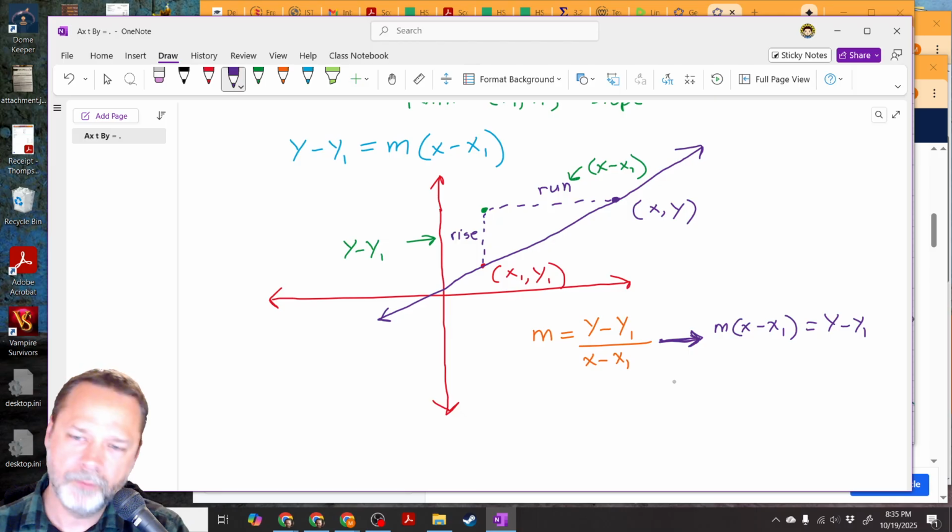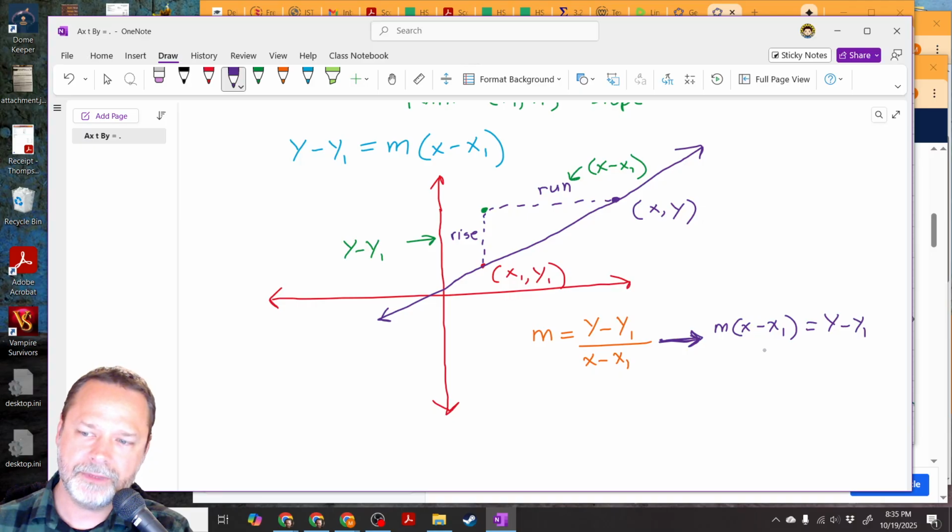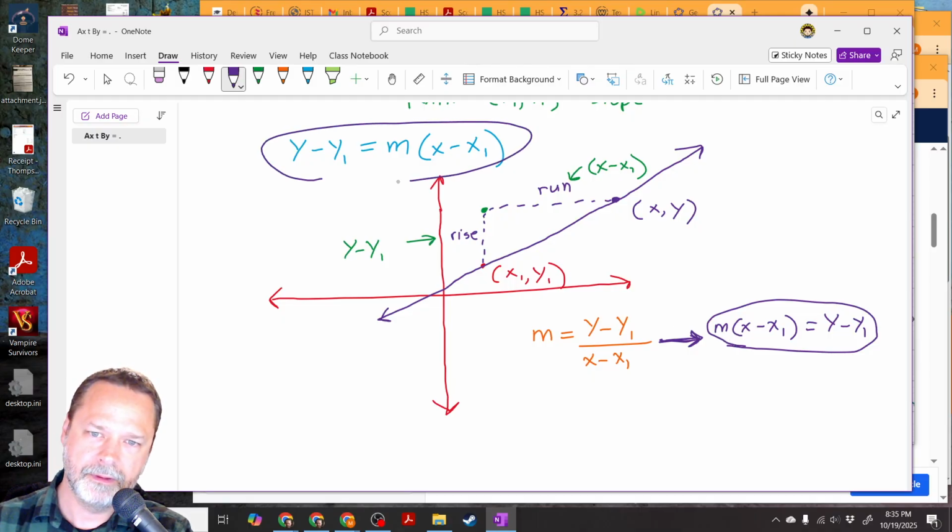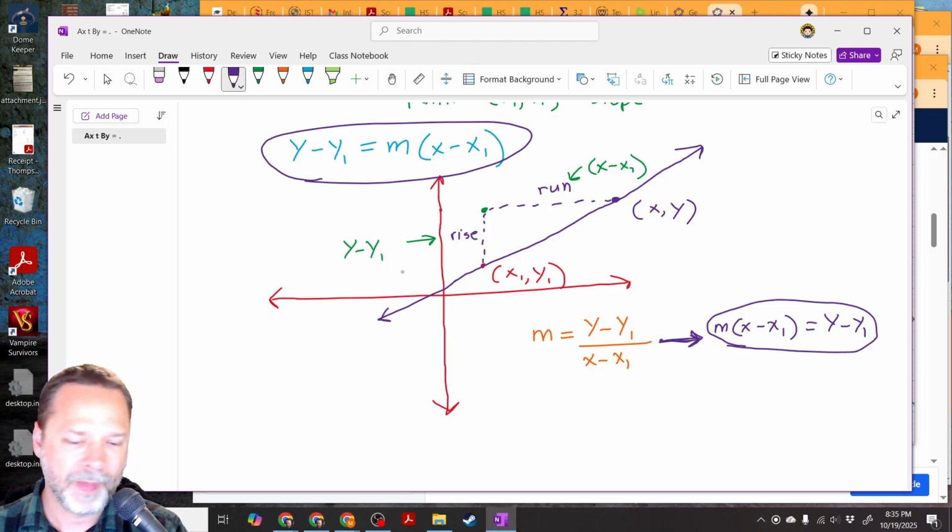So yeah, this is a more general form, you might say, of the slope-intercept form of a line. This is an extremely useful, extremely helpful form or equation to know: y minus y1 equals m times x minus x1. Very, very useful.